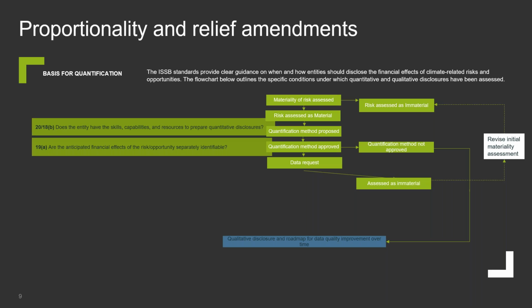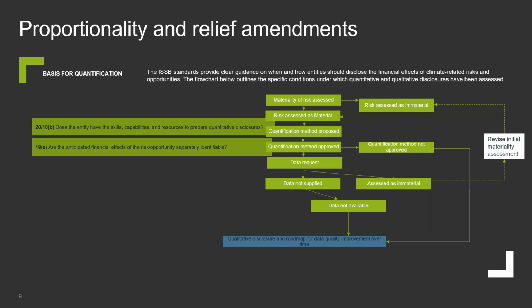However, when we get to the point of quantifying the risk, we speak to the finance team and they say, yes, it disrupts business, but actually, as far as a revenue impact goes, it's relatively immaterial. So that might result in a reversion to the initial materiality assessment.